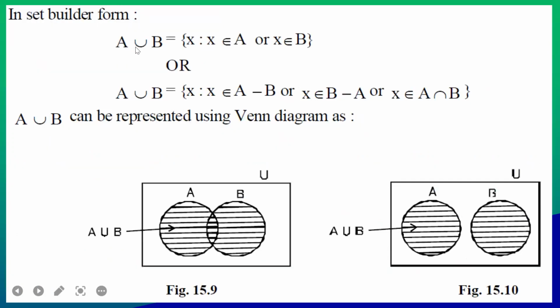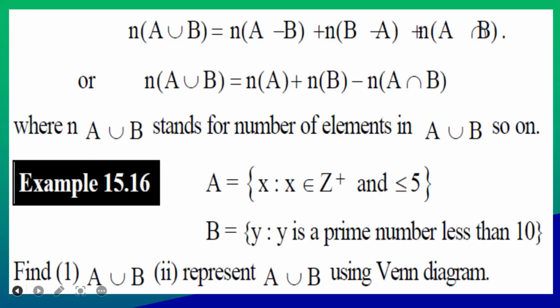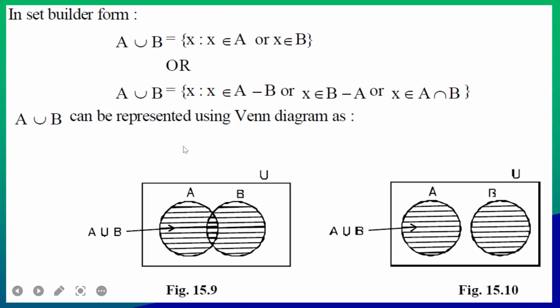In set builder form, A union B is equal to x such that x belongs to set A or x belongs to set B. Or A union B is equal to x such that x belongs to A minus B, or x belongs to B minus A, or x belongs to A intersection B. A union B can be represented using Venn diagram as, so if we have A union B, they have intersection, so pagsasamahin na lang.